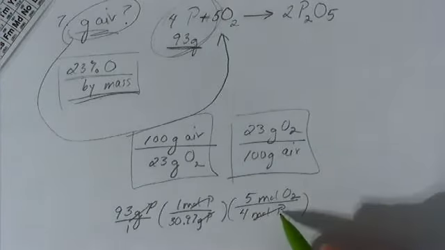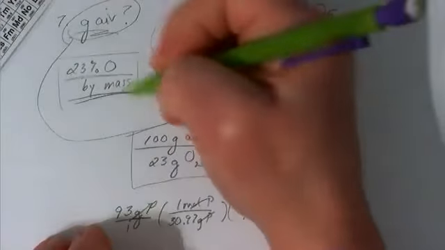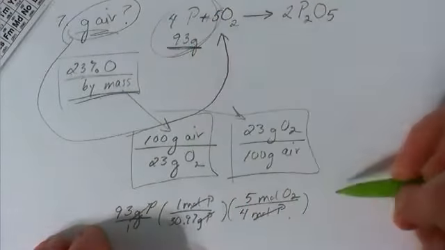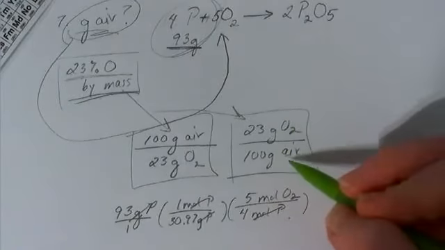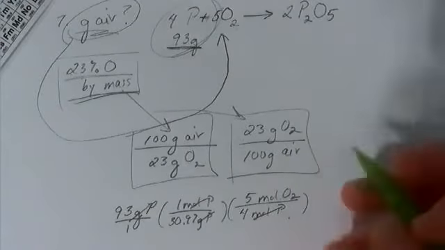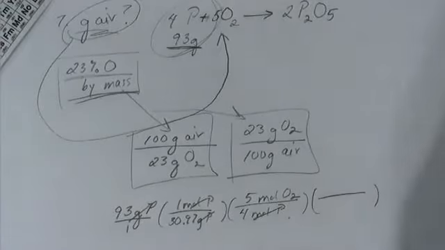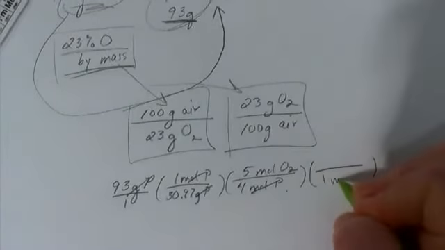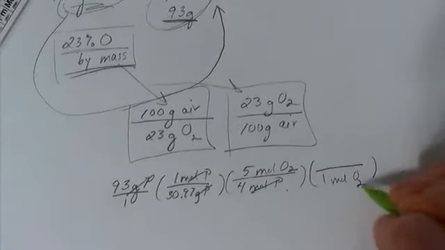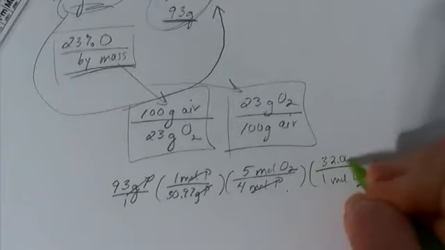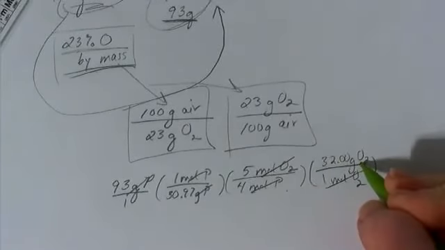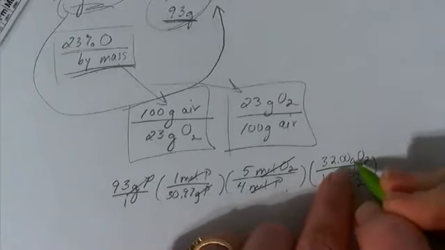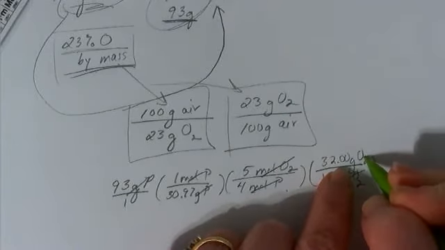Okay, well, if I look at how I've expanded these, they're in terms of grams of oxygen in grams of air. So let's try a next step, getting ourselves from moles of oxygen, and we know it's diatomic, so it's 32 grams. Now this is grams of oxygen.